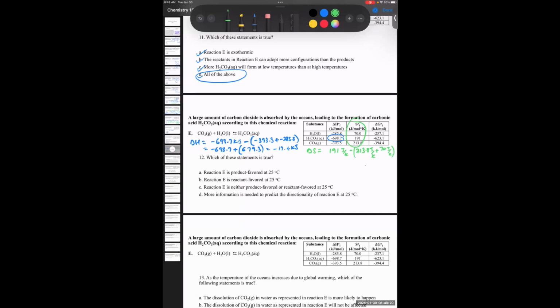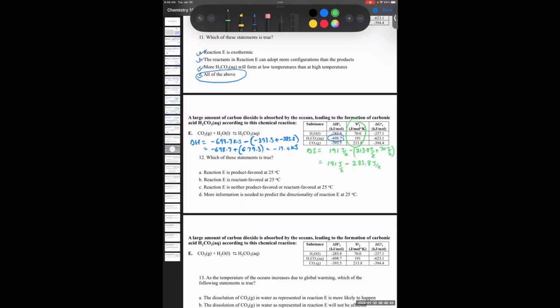So we have 191 joules minus 283.8 joules per Kelvin.